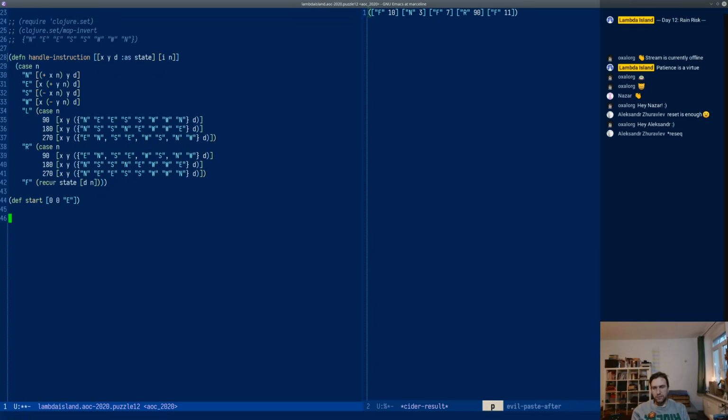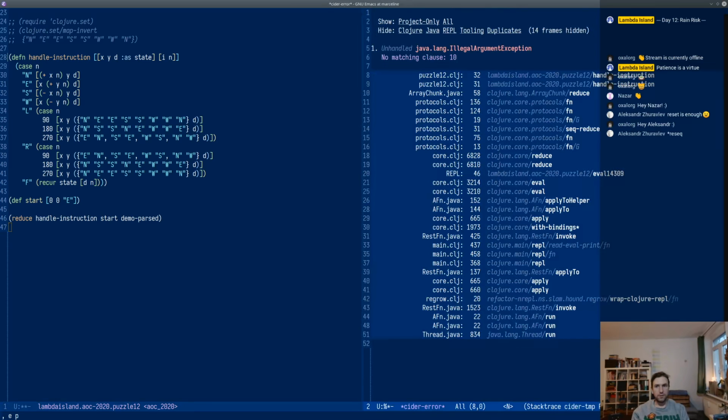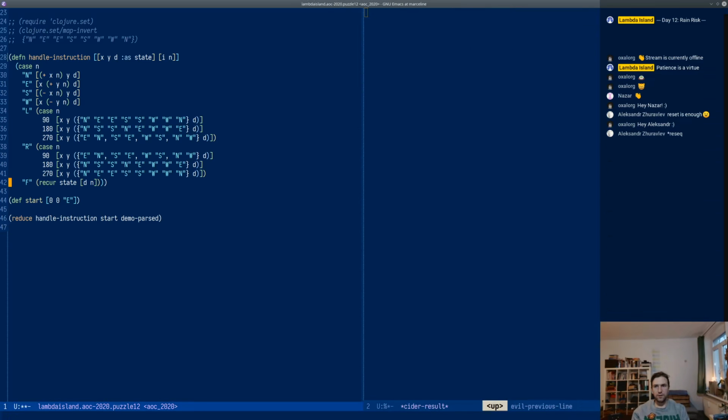And then with that, I think we can say reduce handle instructions start demo parsed. No matching class 10. What? We are not matching on the instruction, we're matching on the number. That is not what we want to do.